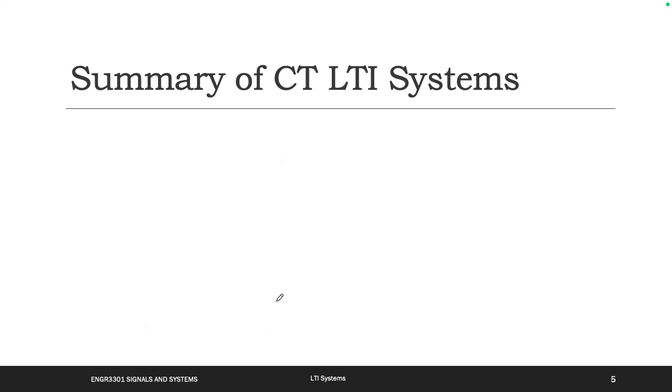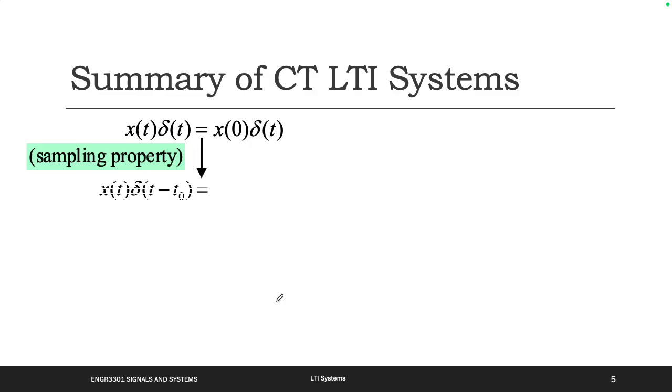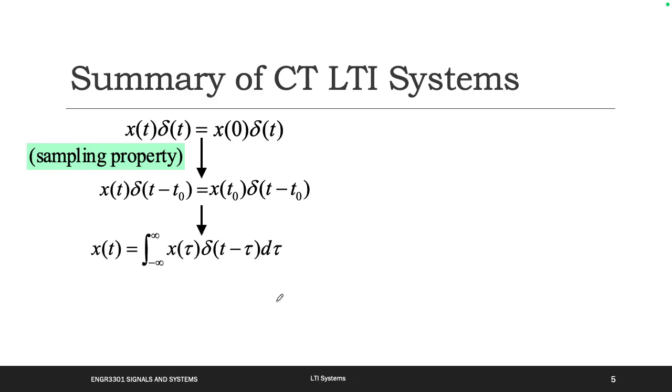Okay, this is the DT-LTI system, but let's do a summary for the CT-LTI system. For the CT-LTI system, it's very similar to the DT-LTI system, just with CT signals. Then we have the sampling property to get this one, and using it we can get this equation.